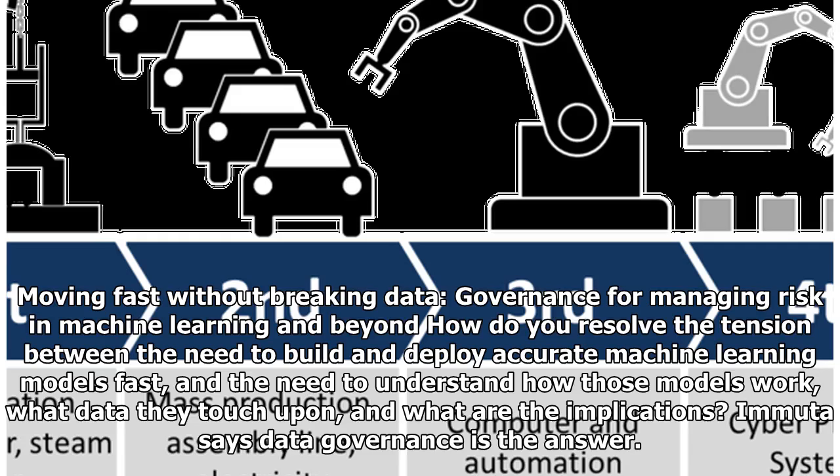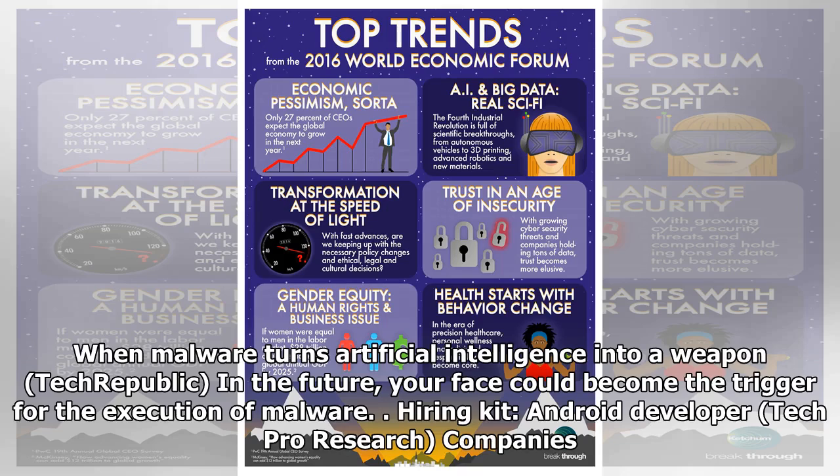Moving fast without breaking data, governance for managing risk in machine learning and beyond. How do you resolve the tension between the need to build and deploy accurate machine learning models fast, and the need to understand how those models work, what data they touch upon, and what are the implications? Amuda says data governance is the answer. Malware turns artificial intelligence into a weapon. Tech Republic. In the future, your face could become the trigger for the execution of malware.